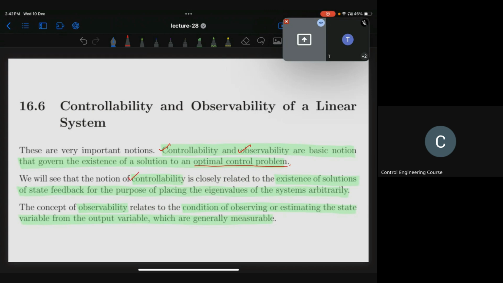Controllability is related to the existence of solutions in state feedback form.